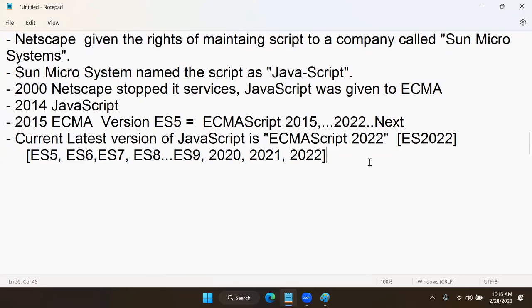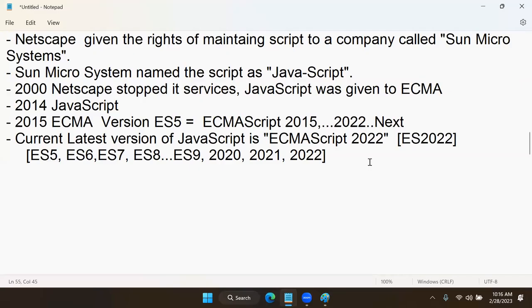But you better concentrate up to ES6. At any level of software companies, at any experience, maximum they expect only ES7. Even if you say I know ES 2022, even the interviewer does not have an idea on that. Even he doesn't have questions on that, right? Just tell that you have an awareness on these versions.